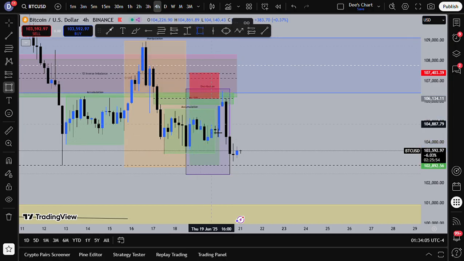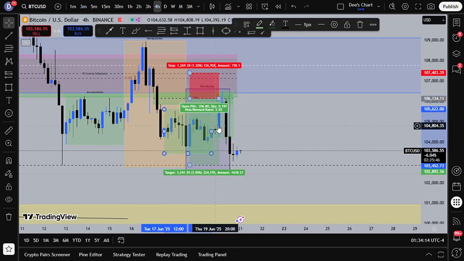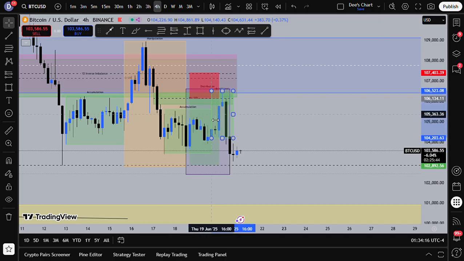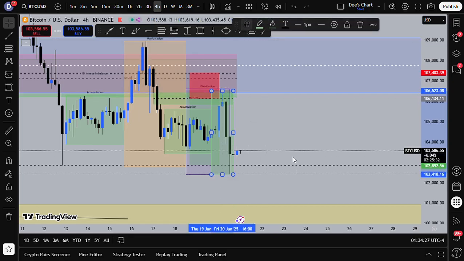And then we have price again. Let me just fix this a little bit. There we go. We had price then manipulate. Okay, there we go. Then we had price manipulate once again. So this is how I get into the market most of my times.